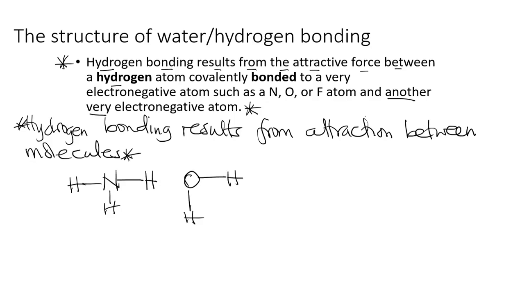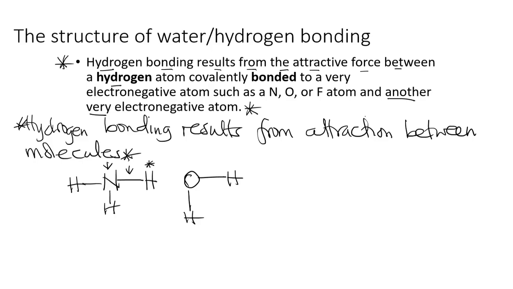So if we go back to the definition, attractive force between a hydrogen, which is this hydrogen, covalently bonded. This is a covalent bond to a very electronegative atom. This is a very electronegative atom, such as N, O, or F atom.